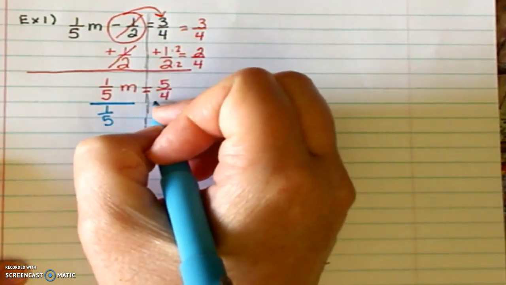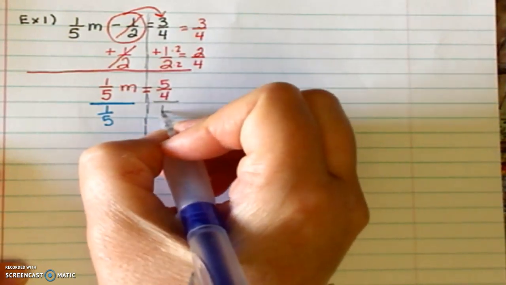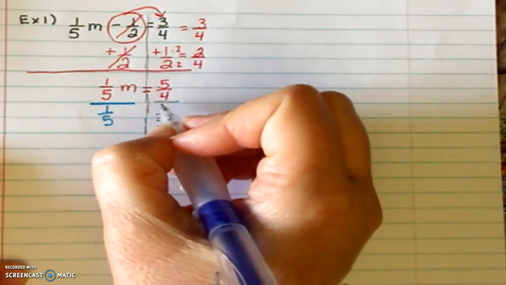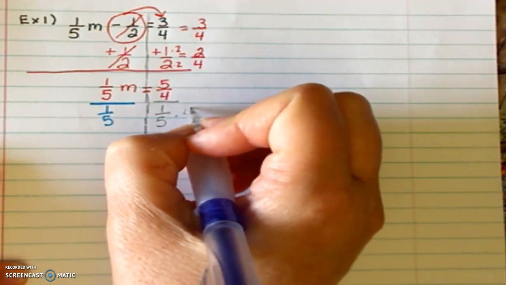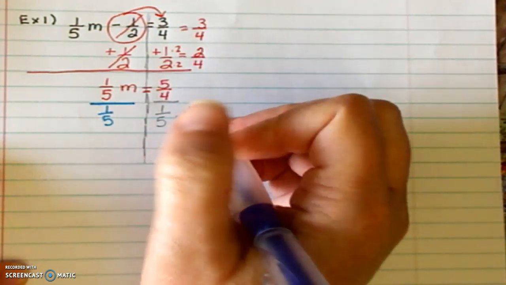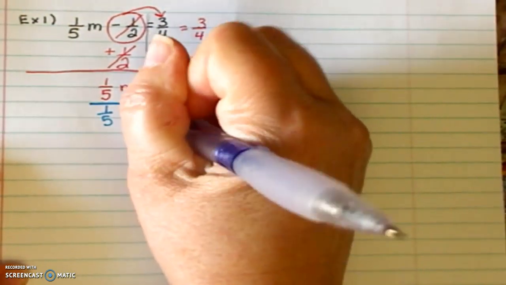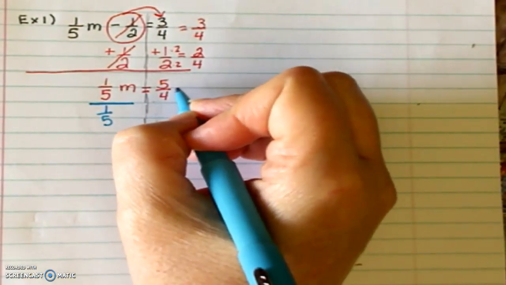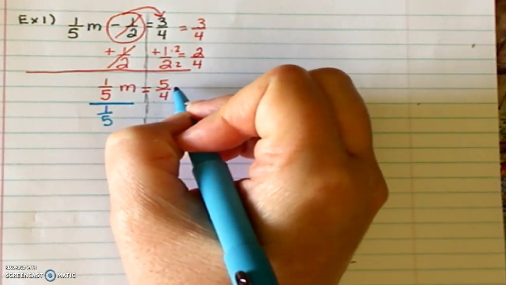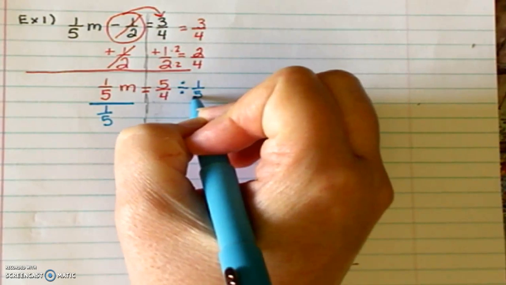But instead of putting the bar over here, let me write it with a pencil. Instead of showing it as 1/5 here, because what people like to do is they like to say divide by 1/5, keep, change, flip, and they flip the wrong fraction. So to eliminate that possibility of flipping the wrong fraction, I like to have you write this down on the right-hand side as divide by 1/5.